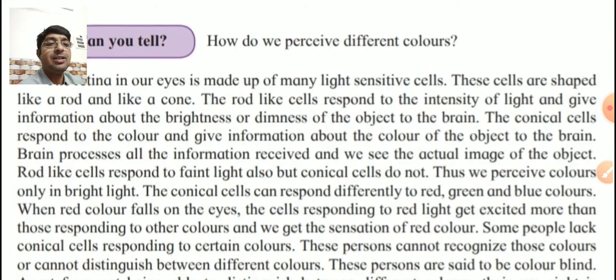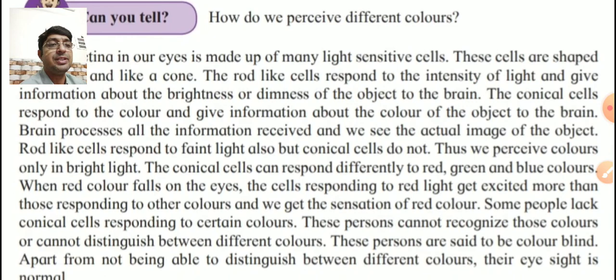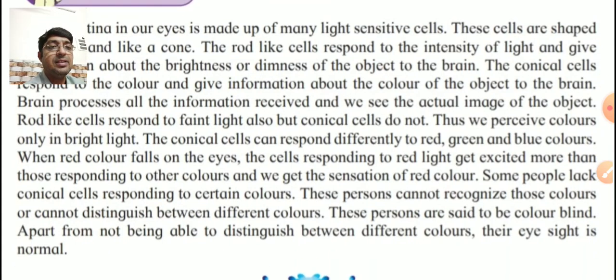The brain processes all the information received and we see the actual image of the object. Rod-like cells respond to faint light also, but conical cells do not. Thus, we perceive color only in bright light. The conical cells can respond differently to red, green and blue colors.